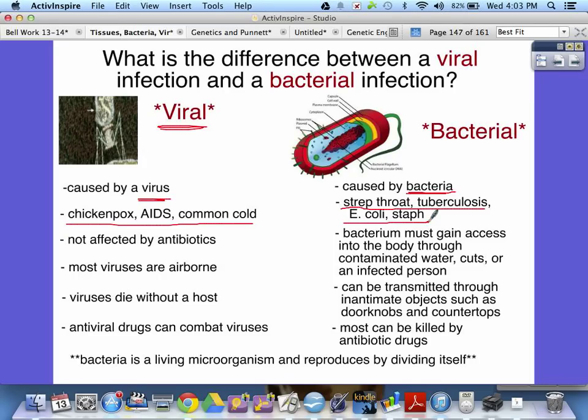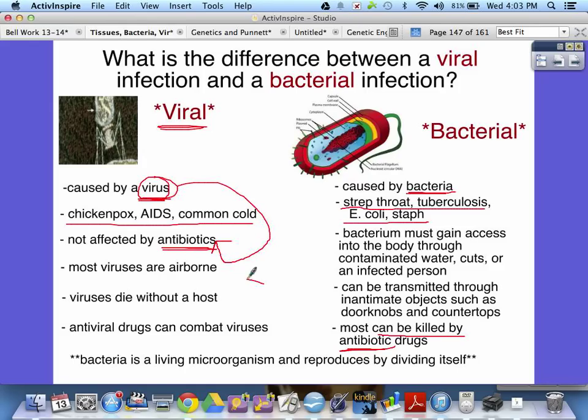Now, one thing unique about a viral infection, because it's a virus, it will not be affected by antibiotics. The only thing antibiotics can help us with is a bacterial infection. So bacteria can be killed by antibiotic drugs, while viral infections cannot.